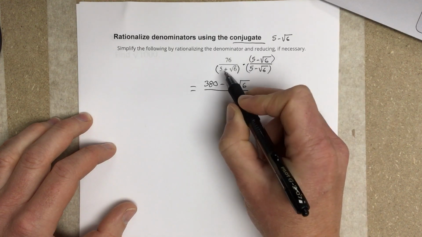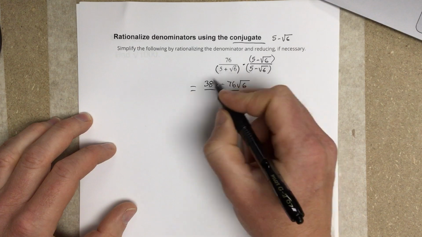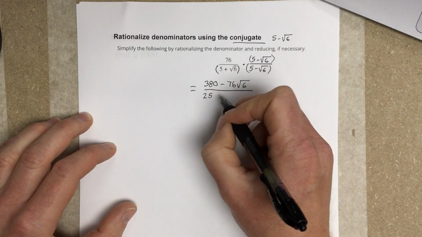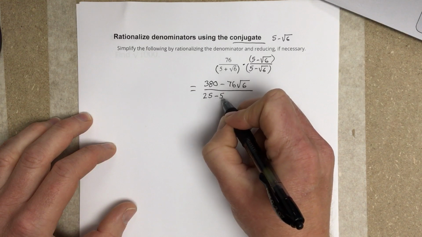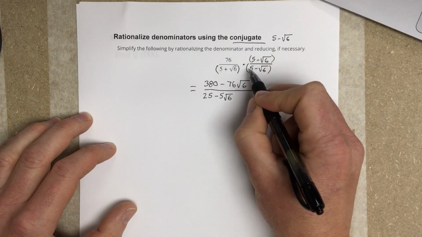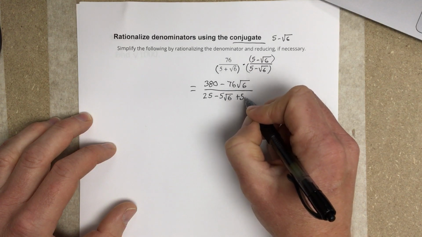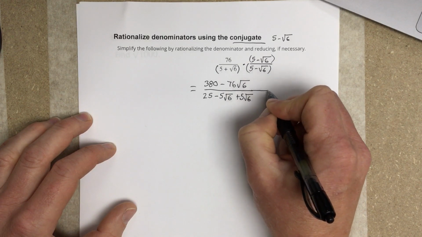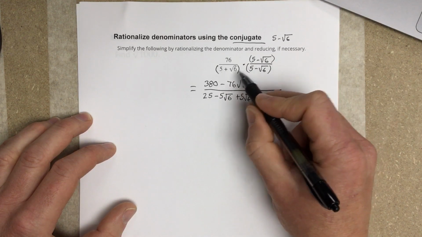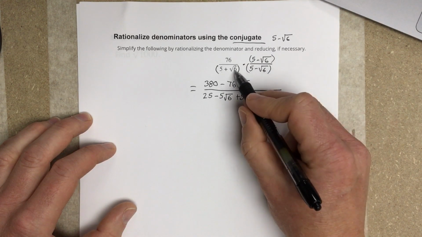On the bottom, I get 5 times 5, which is 25. 5 times negative root 6 is minus 5 root 6. And then root 6 times 5 here would be positive 5 root 6. And then root 6 times negative root 6, the square roots are going to cancel, right?